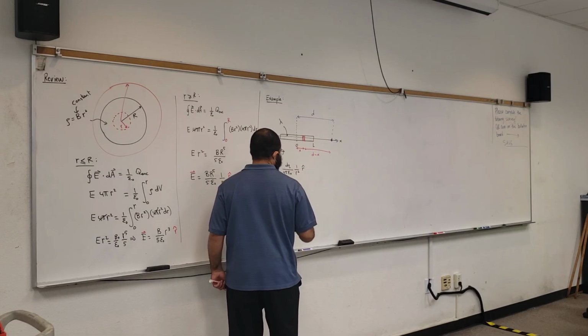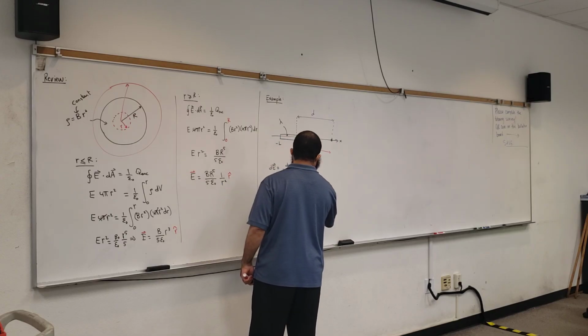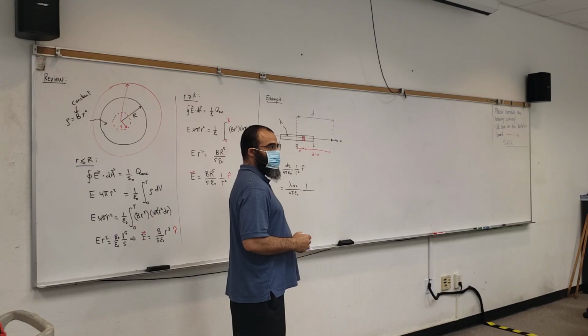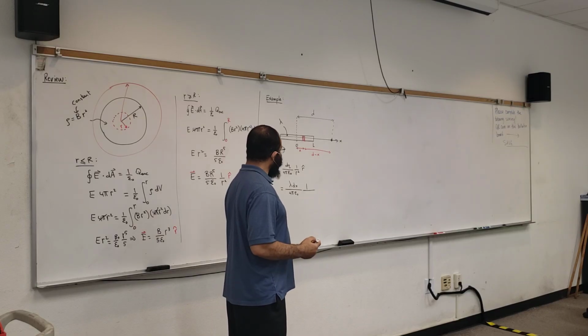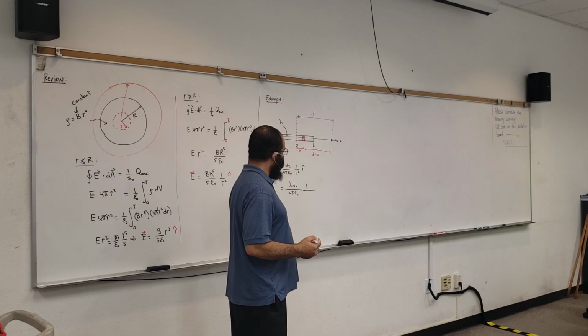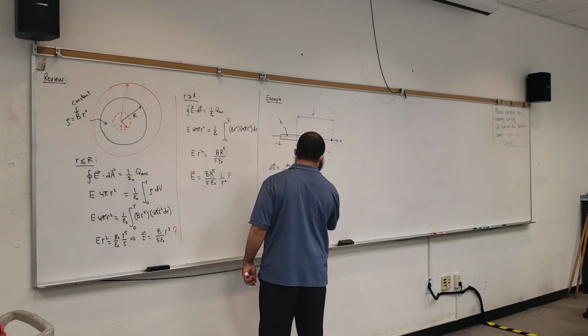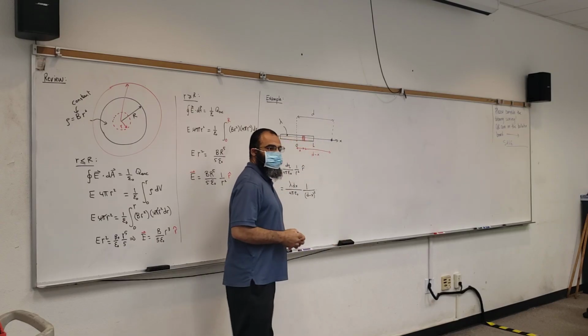Now, what is r? It's the distance from the charge to the point. How much is that? d minus x. So r squared is d minus x squared. What is r hat?